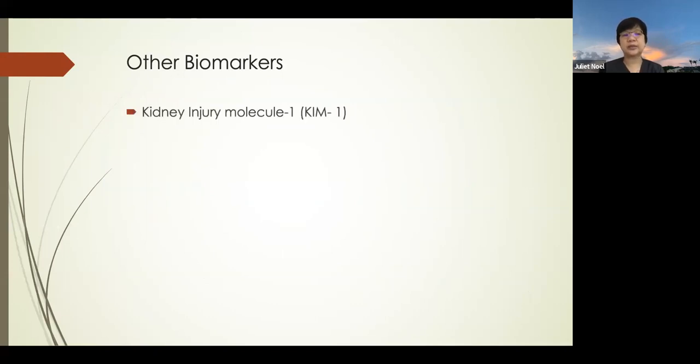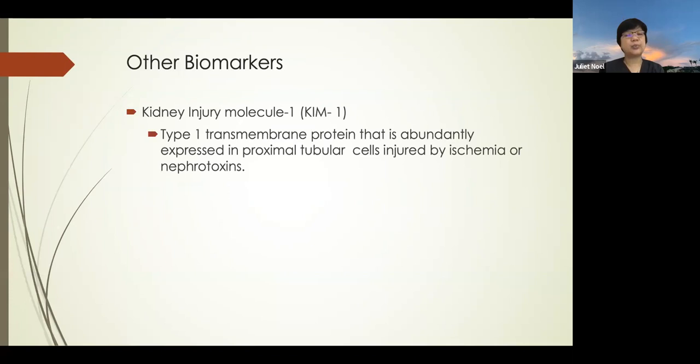The other biomarker that they're looking into is the kidney injury molecule 1. It's a type 1 transmembrane protein that is abundantly expressed in proximal tubule cells that are injured by ischemia or nephrotoxin.